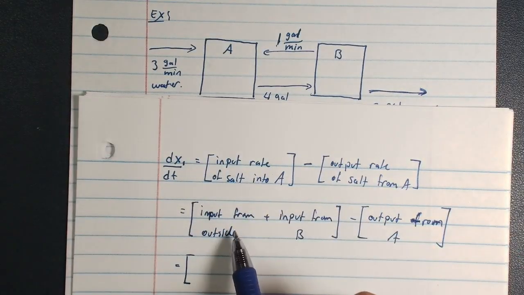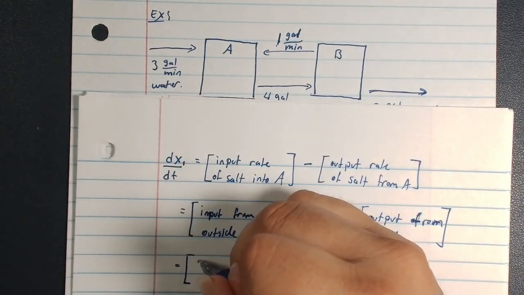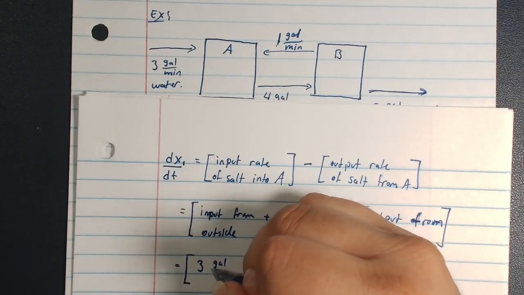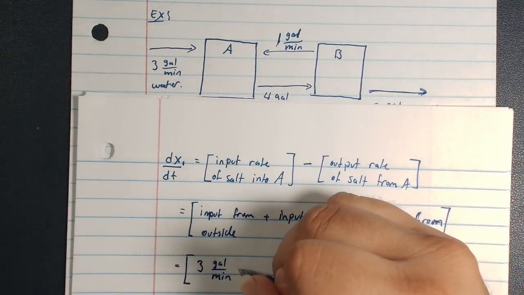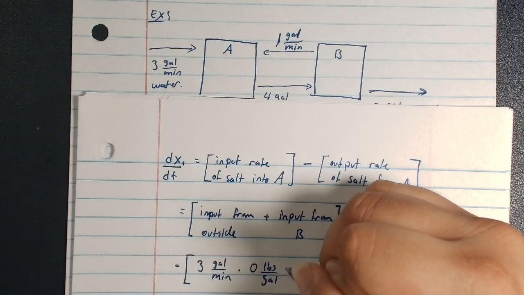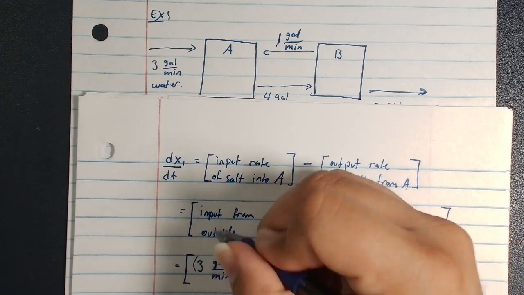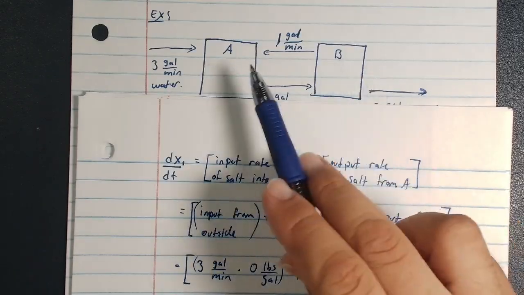The input rate. Well, from the outside source, we have 3 gallons a minute coming in. And each gallon has no salt. So there's 0 pounds per gallon. Now from B, you have 1 gallon a minute coming in.